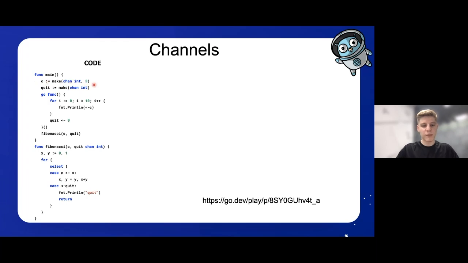We used a buffered channel with type integer and the keyword make, and we said that we can allocate here 3 elements. So in case we want to add one more element, we have to wait until it becomes empty again.